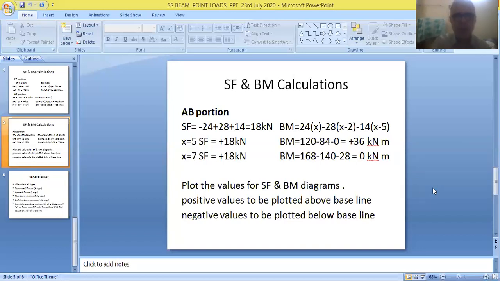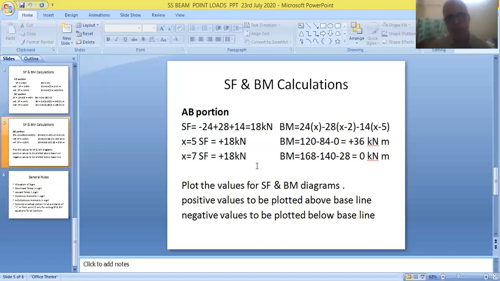So, we got all the values, friends. We got all the values of SF and BM, bending moments. So plot SF values, you get an SF diagram, and plot the values of bending moment. Obviously, you get bending moment diagrams. And so far as values are concerned, some values of shear force will be positive, some values of shear force will be negative.